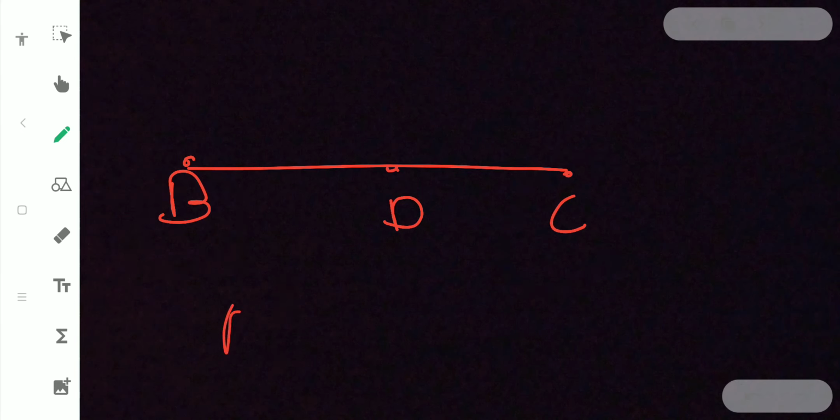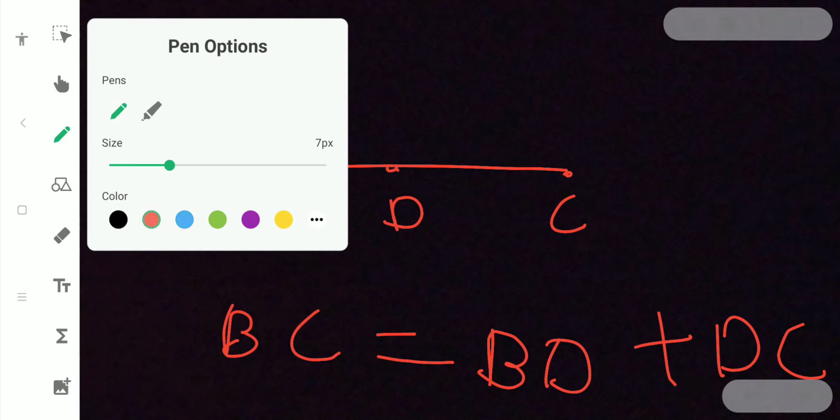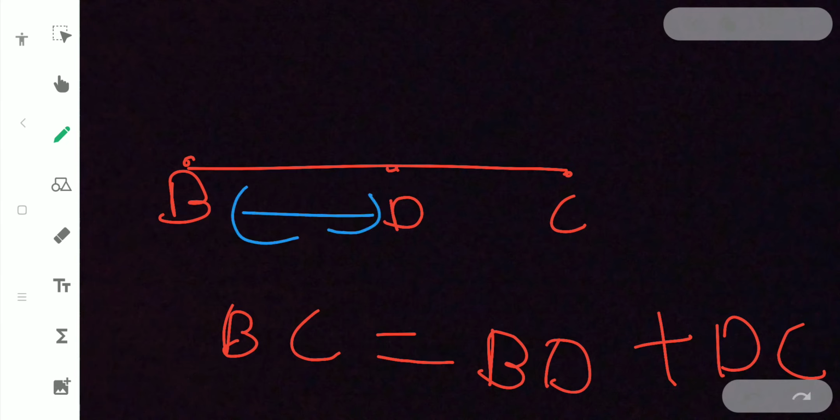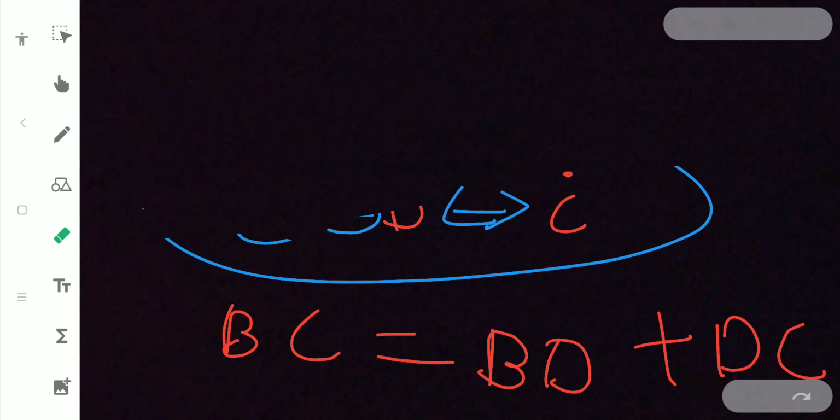BC is also equal to BD plus DC. So this whole line length, which I am representing with blue color, is BD's length plus DC's length, equal to the whole length of line BC. That is the method I have used here.